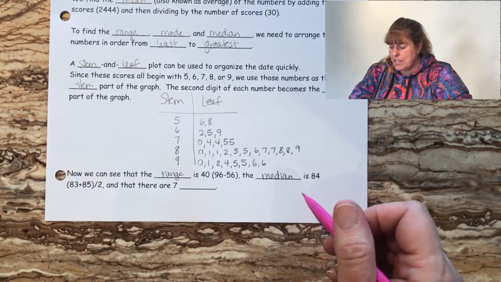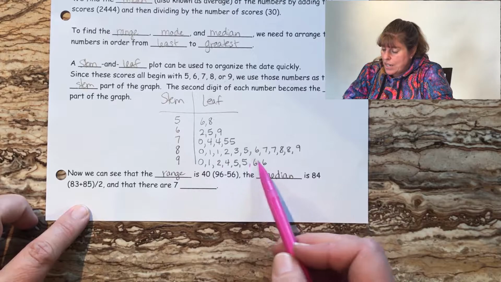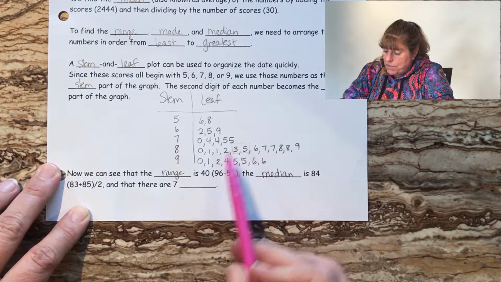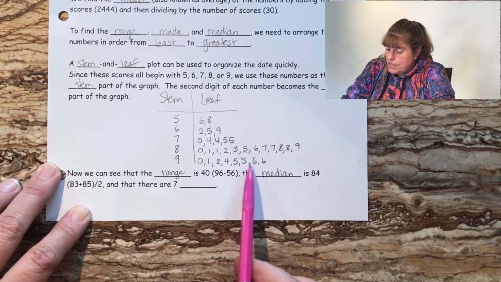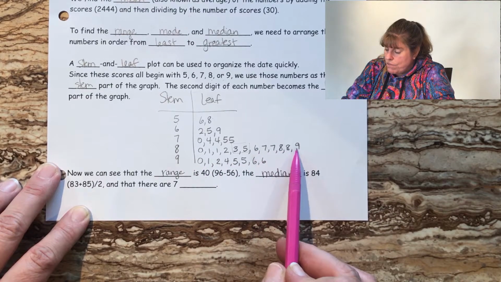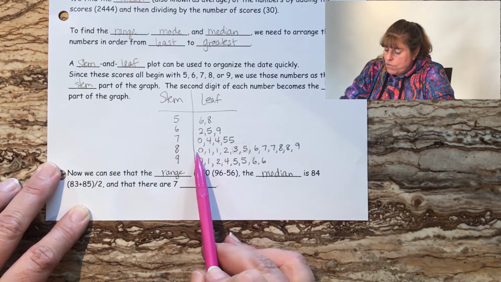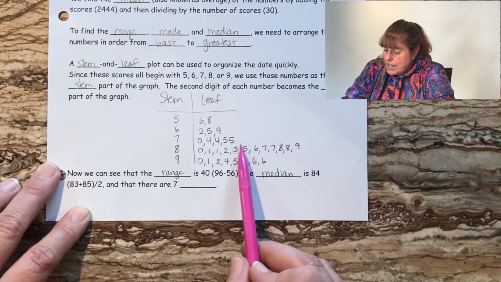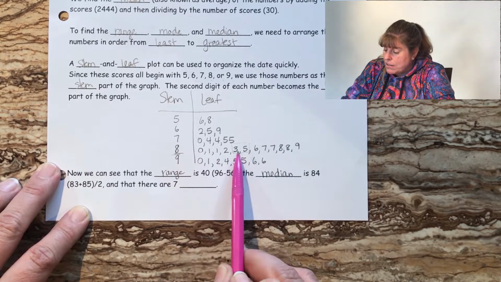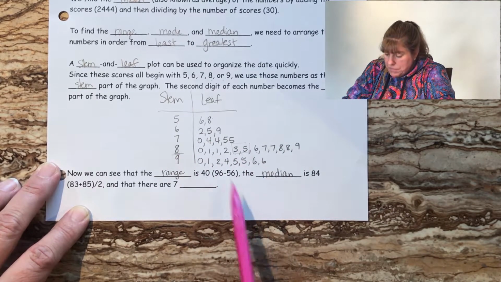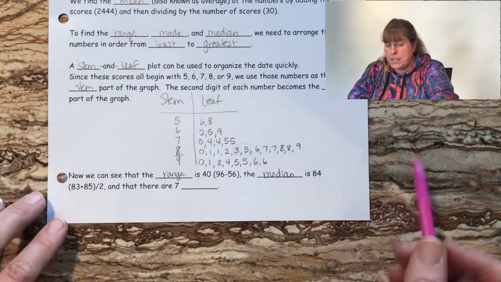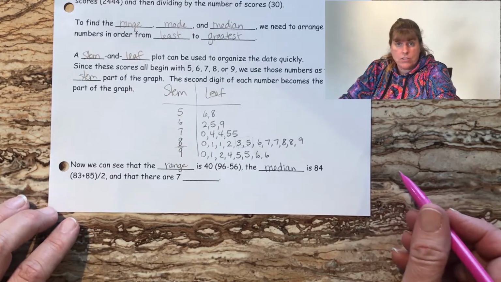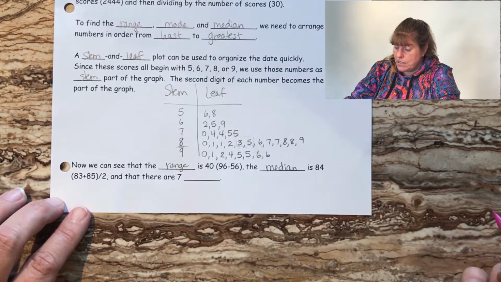The median of this is 84, because when you count, there are 14 on this side and 14 on that side. So 83 and 85 are in the middle. You need to find the average of those two to find the median if there's an even number of things in your list. So it's 84.